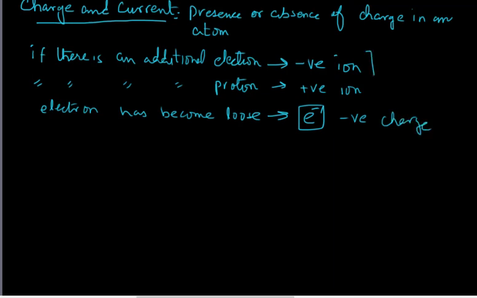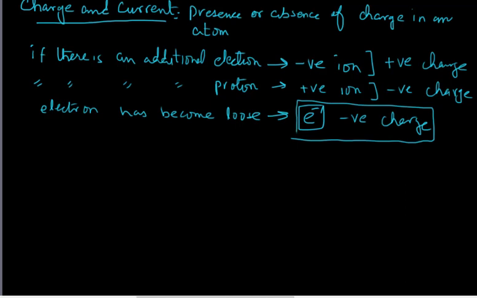So the positive ion is considered positive charge. You know that the negative ion is considered negative charge, and the independent electron is also considered a negative charge. We are interested in this one because in electric circuits, the charge that flows is actually simply electrons.